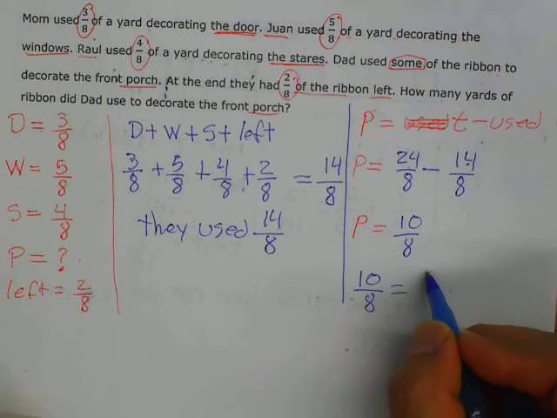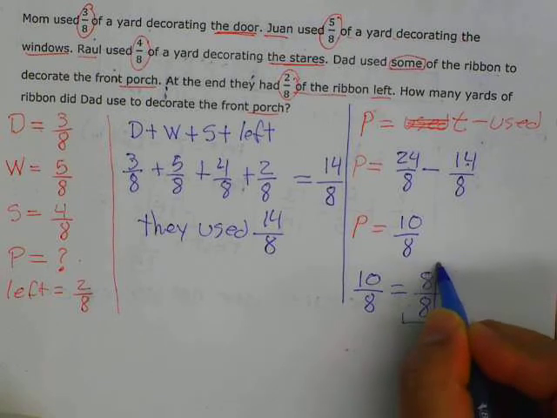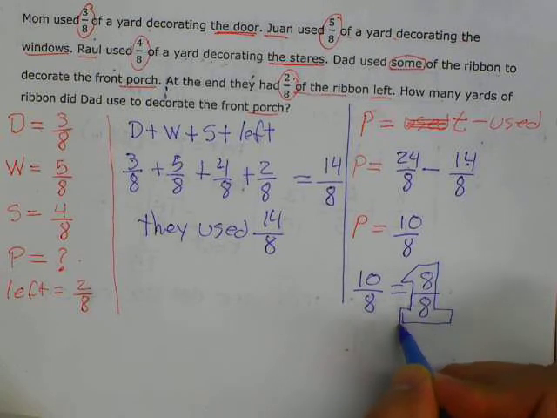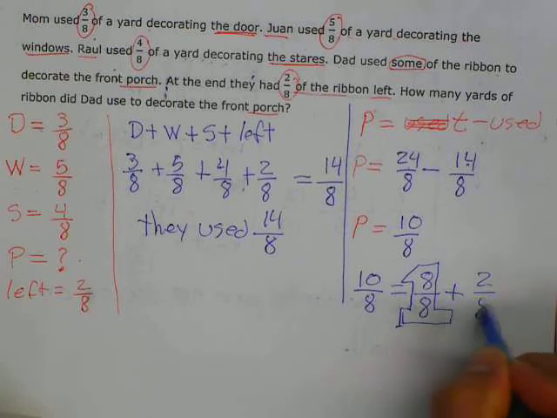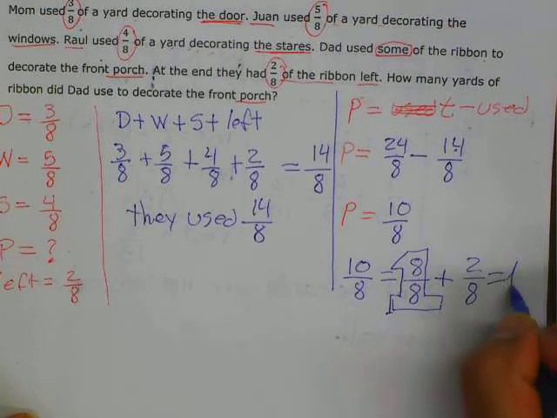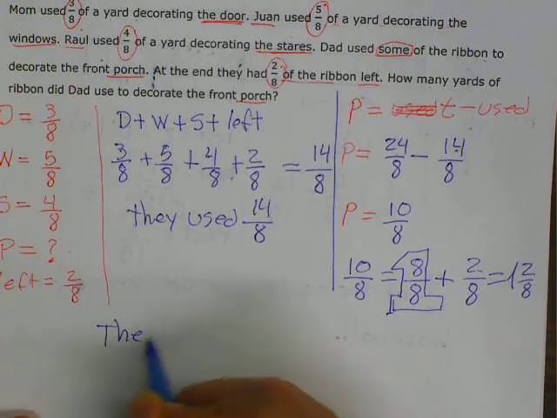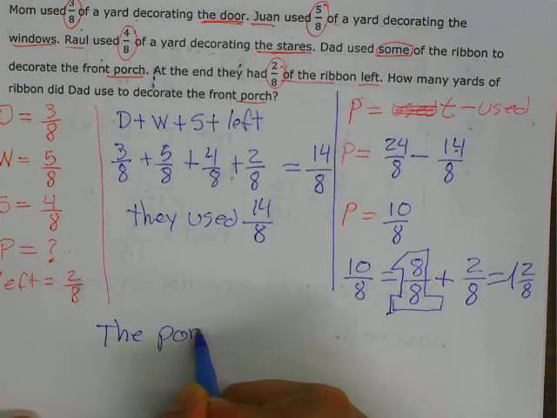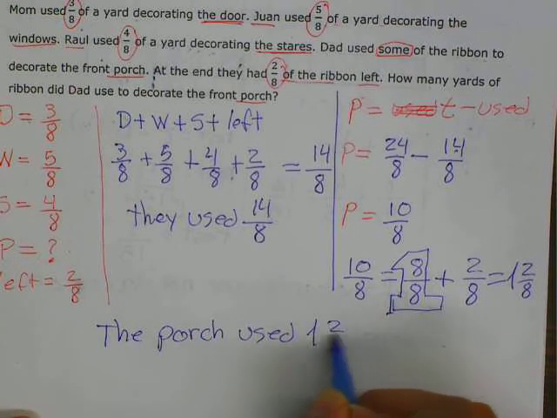What fraction would that whole be? 8 eighths. That should be my whole plus 2 eighths. So that will give me 1 whole and 2 eighths. So the porch used 1 and 2/8 yards.